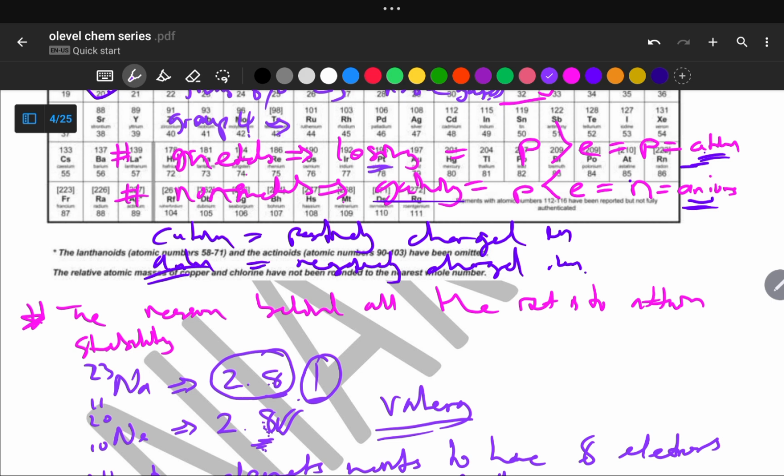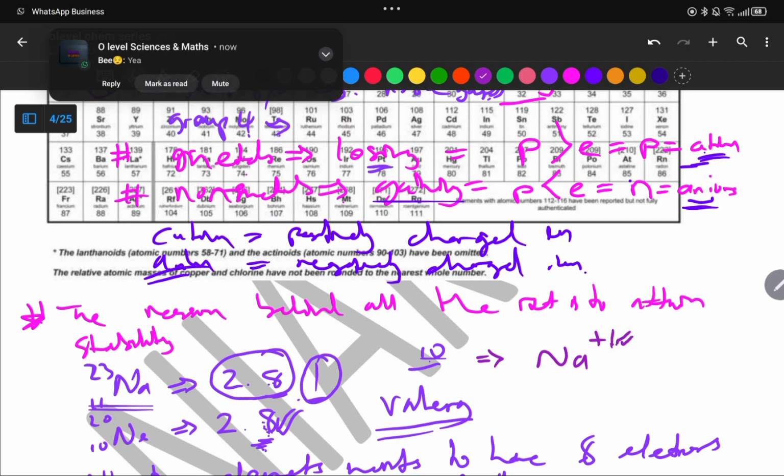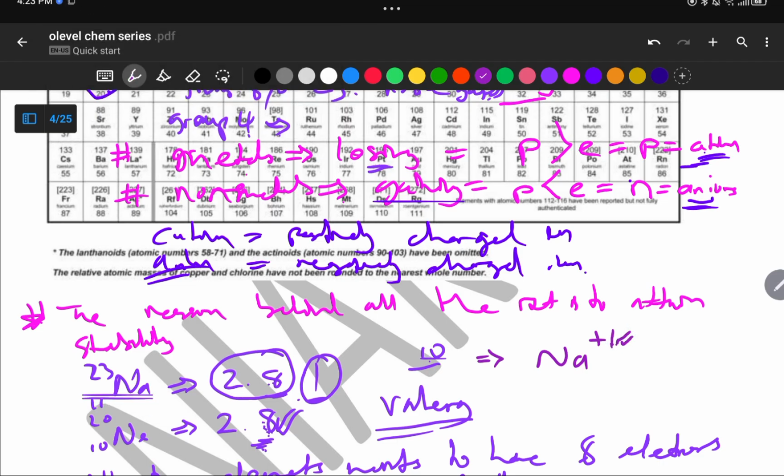So if sodium loses 1 electron, sodium will then have 10 electrons, since initially sodium has 11 electrons. So to write the formula of the ion, we are simply going to say Na plus 1. This plus 1 will indicate the number of electrons that are being lost during the chemical reactions.